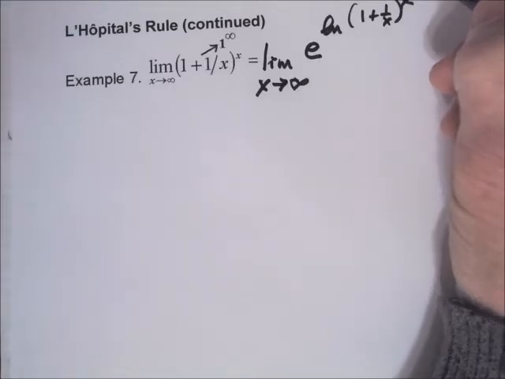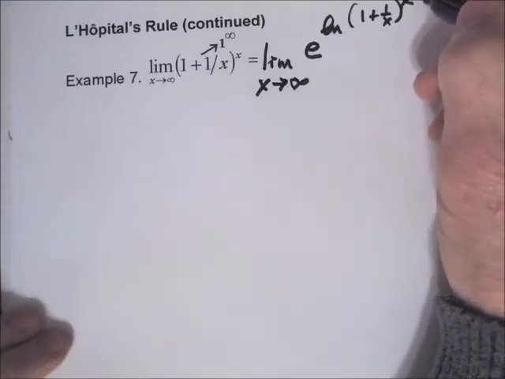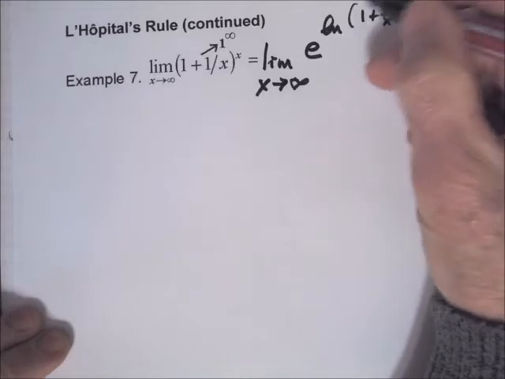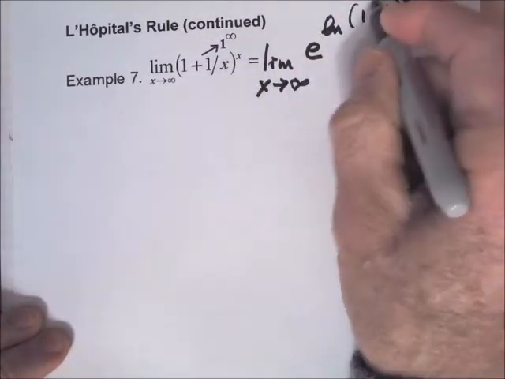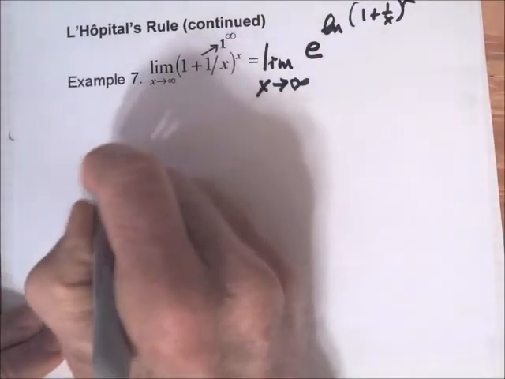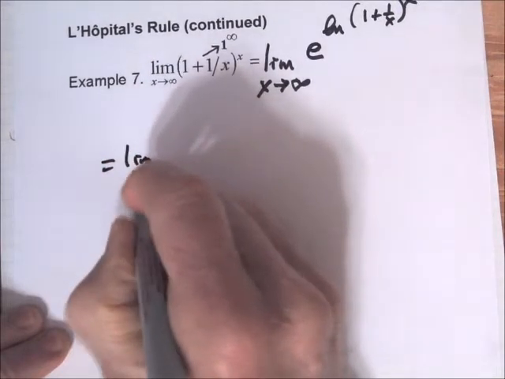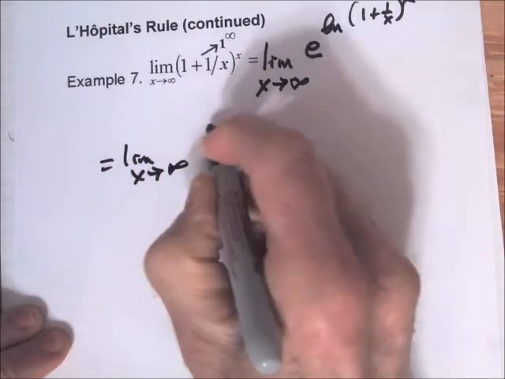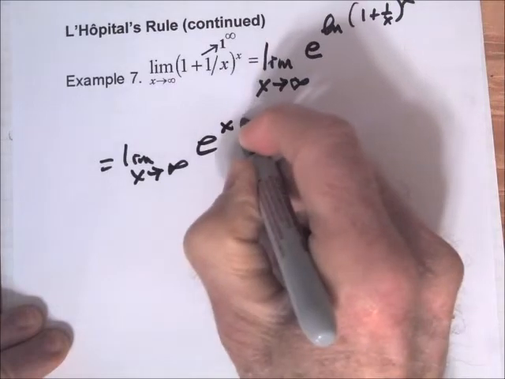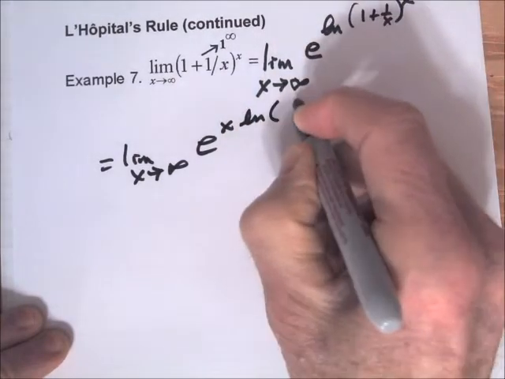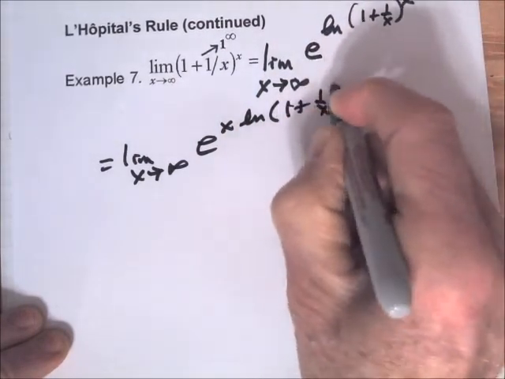We can put the exponent in front of the ln, so we can write this as the limit as x goes to infinity of e to the x ln of 1 plus 1 over x.